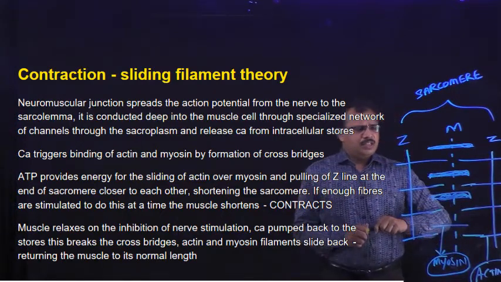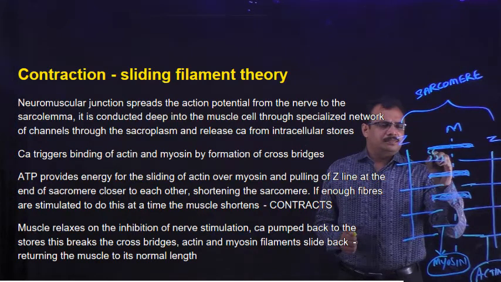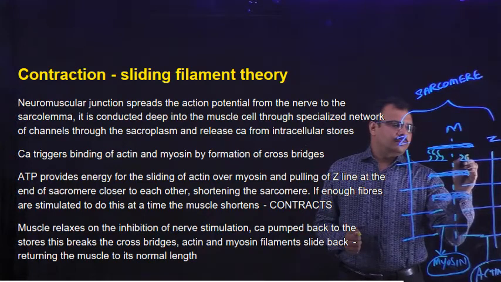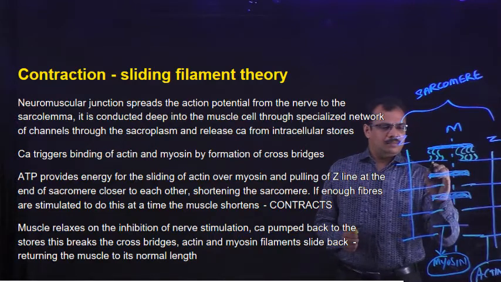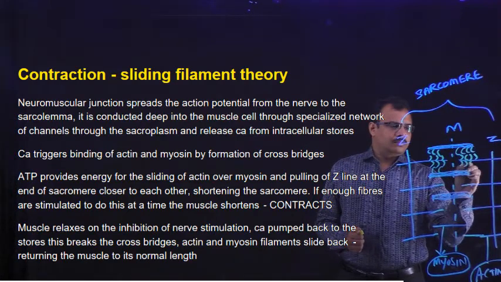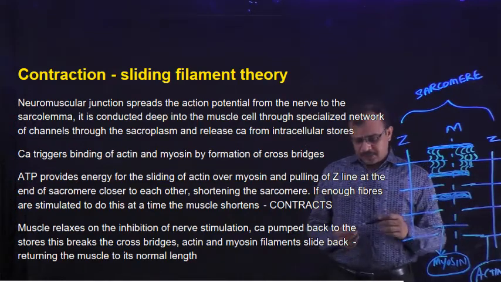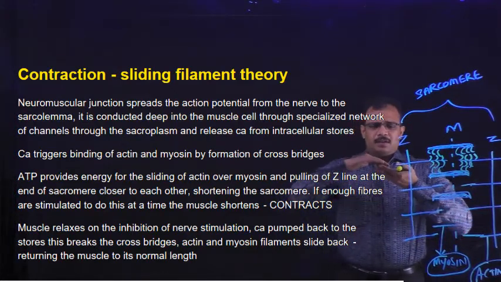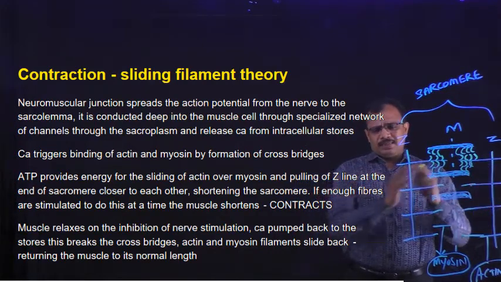and these cross bridges are formed on the filaments under the influence of this calcium, and these cross bridges will pull each filament against each other, which leads to contraction of the Z lines.